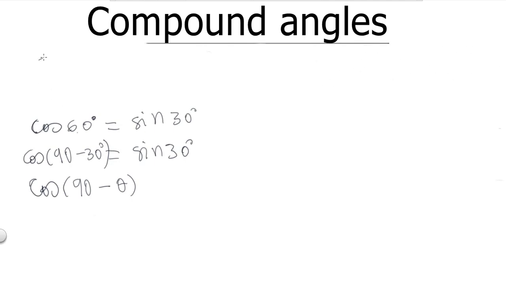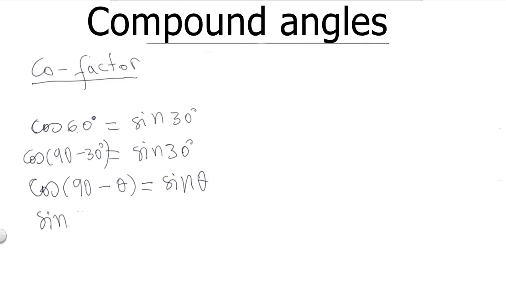Let's call them the cofunctions, or cofactors. So we'll have here sine theta. If I have sine of 90 degrees minus theta, I will have equal to cos theta.